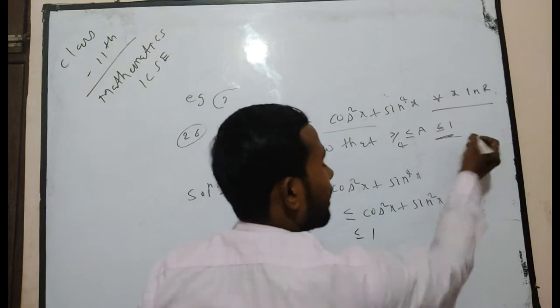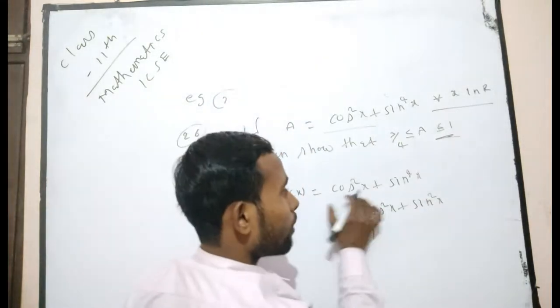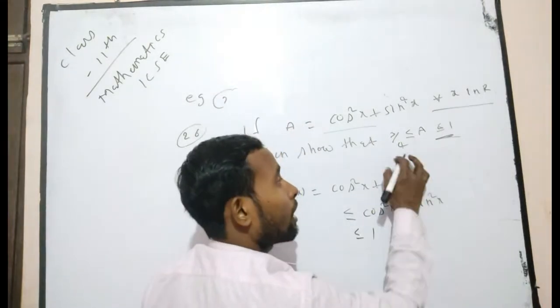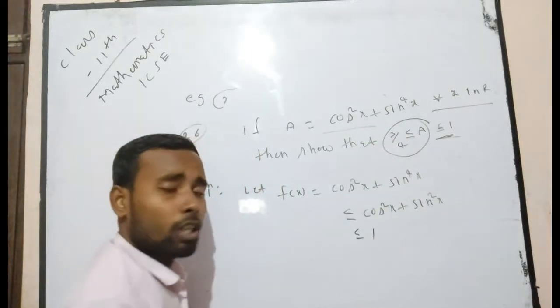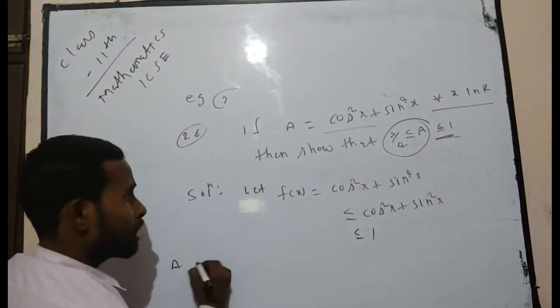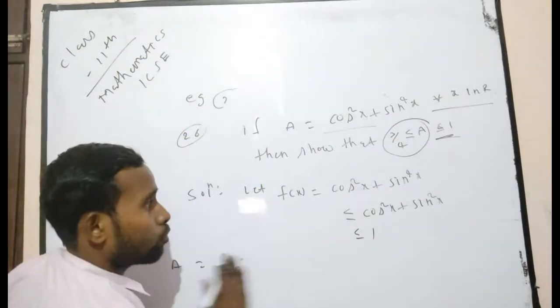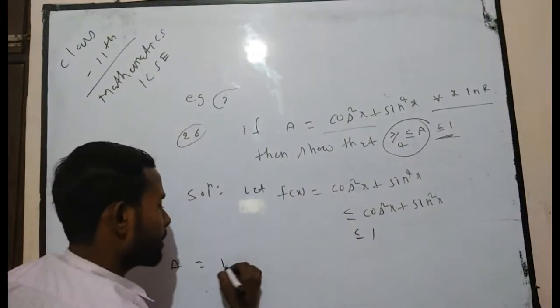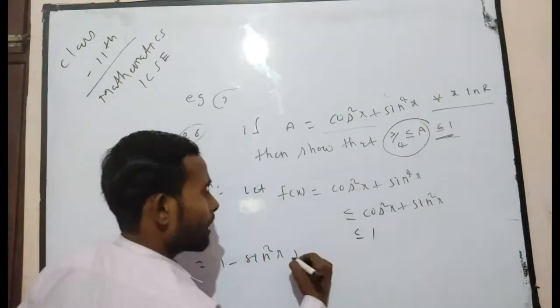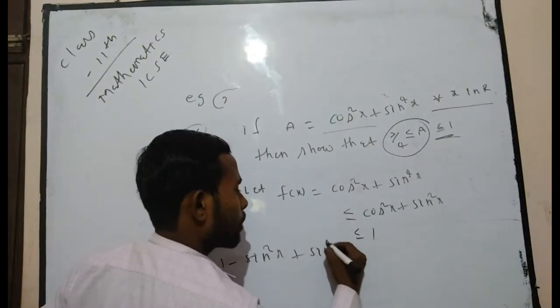That means I have already found that cos square x plus sin x whole to the power 4 is always less than or equal to 1. Now you have to show that it will be greater than or equal to 3 by 4. How can you show? Since a is equal to cos square x plus sin x whole to the power 4, cos square x can be written as 1 minus sin square x, plus sin x whole to the power 4.